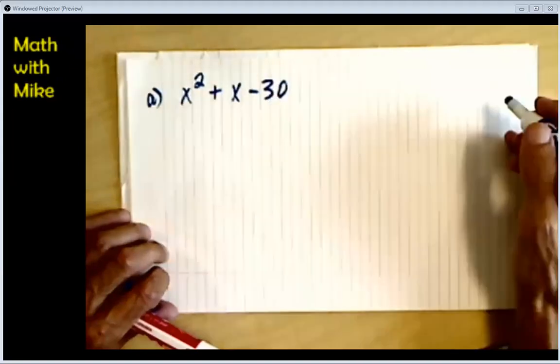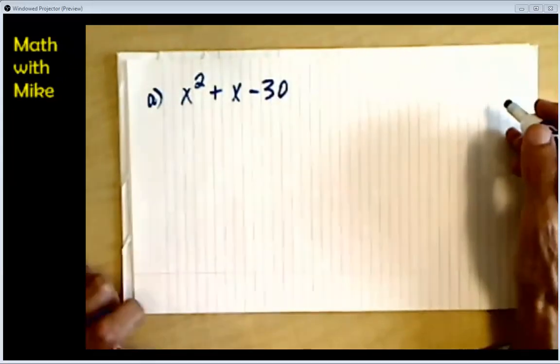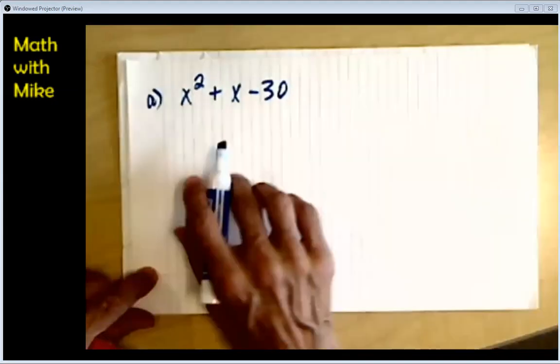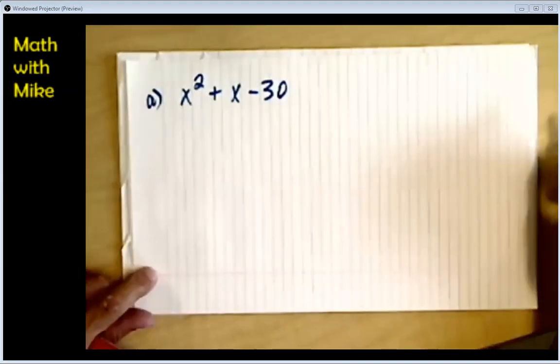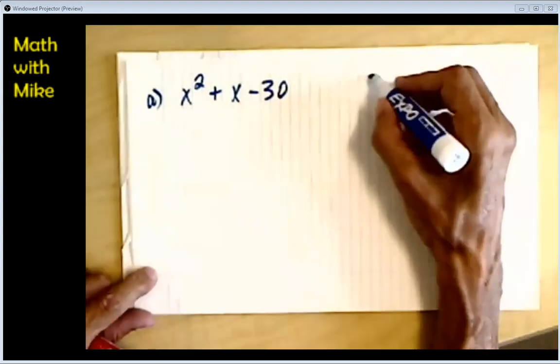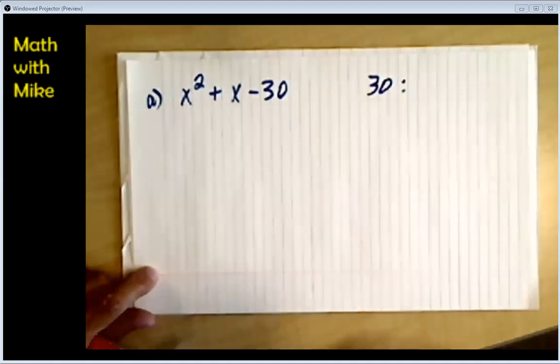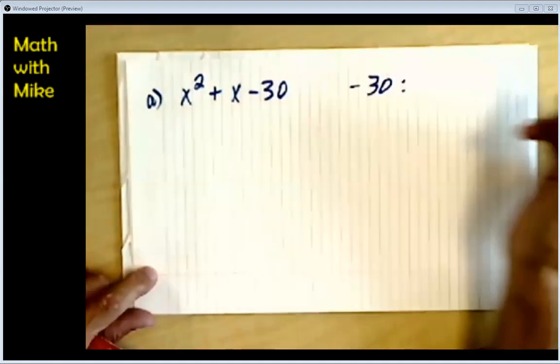What do we need to do to solve this, to get those two bracketed terms? We need to multiply them together. They need to multiply to 30. And in fact, minus 30 is best.